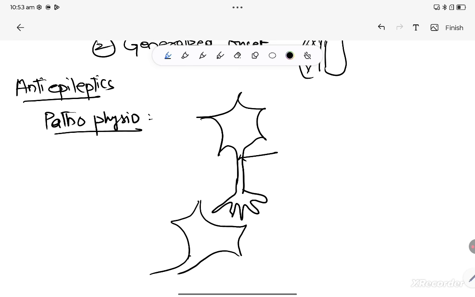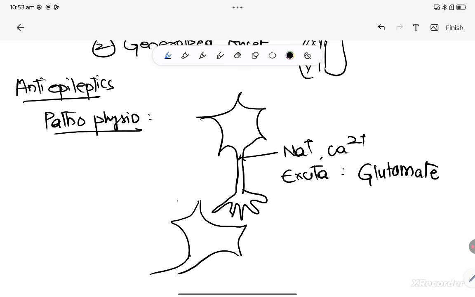The most important ions responsible for activation or firing of neurons are sodium ion and calcium ion, whereas the excitatory neurotransmitter mainly includes glutamate, whereas the ions which primarily cause inhibitory action is potassium and the neurotransmitter responsible is GABA.